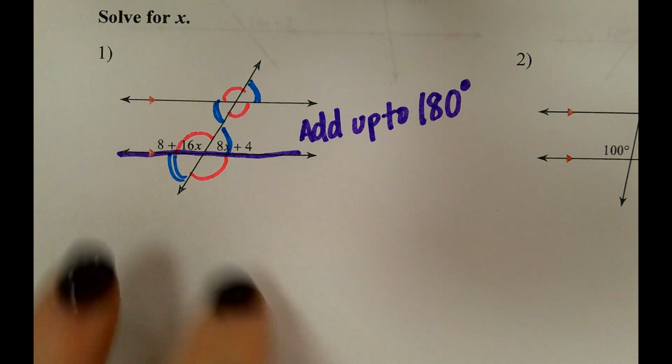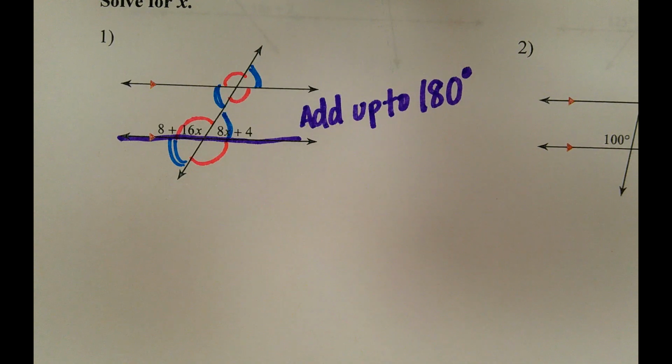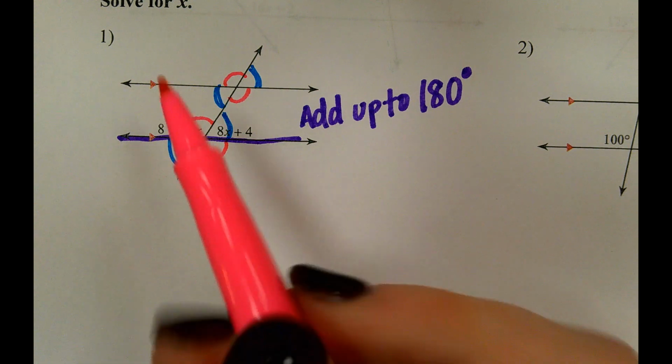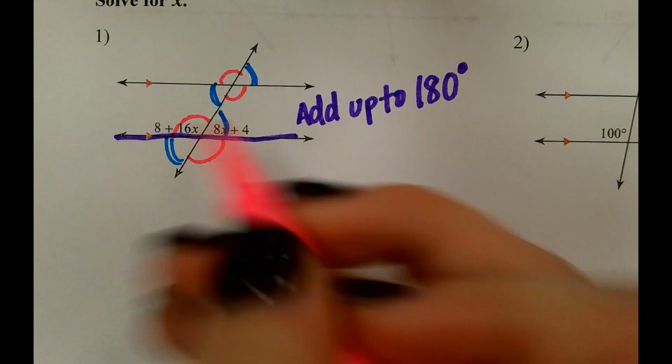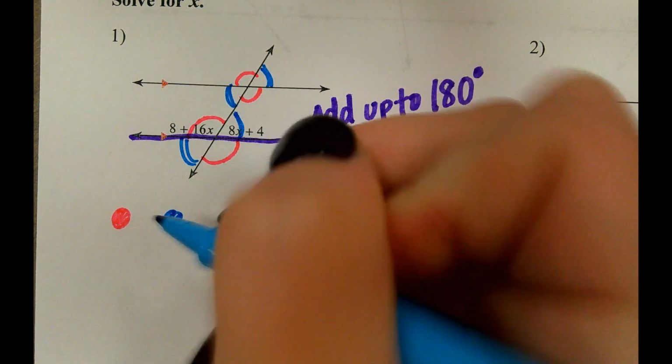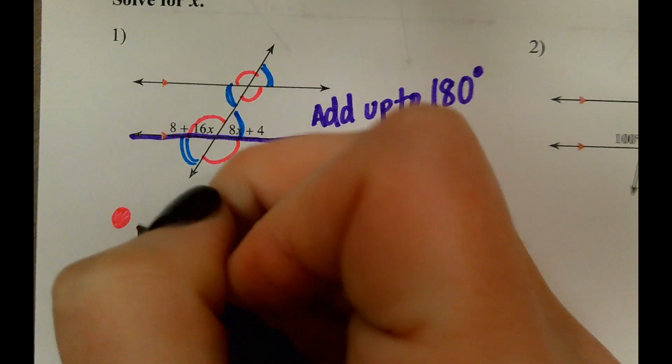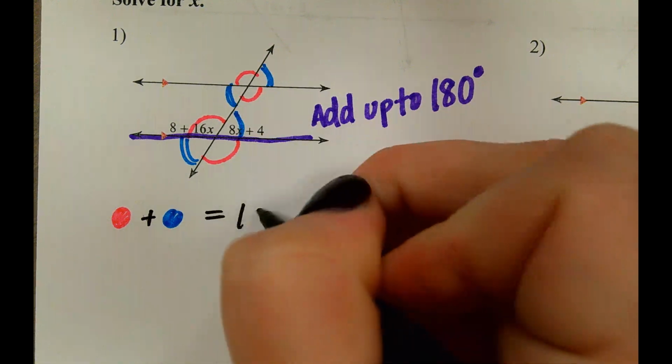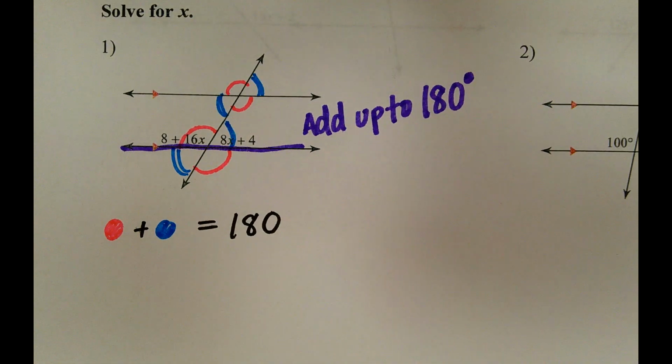So, here's what we're going to do. I know that the pink plus the blue equals 180. I'm using the colors instead of variables here.